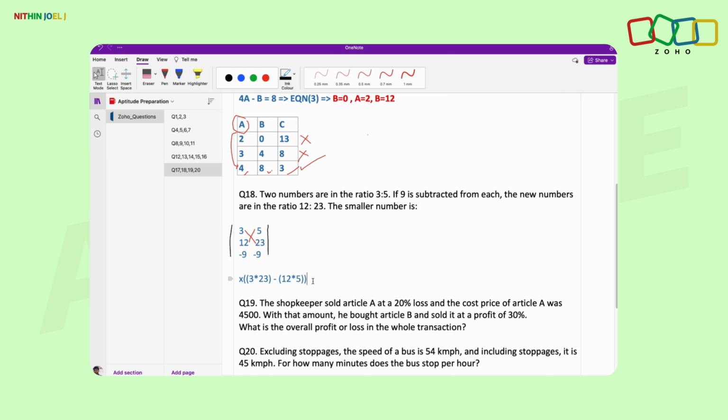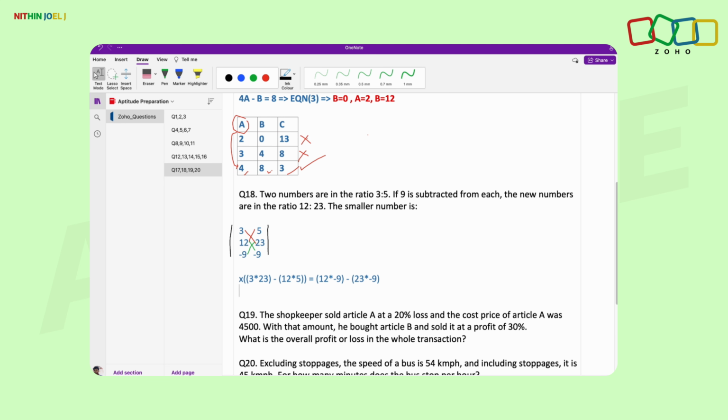Now we have to equate this to the cross multiplication of these two numbers, which is 12 and minus 9 and 23 and minus 9. So we will get 12 into minus 9 minus 23 into minus 9. If we solve this and get the x value, and multiply that x with 3 and 5, we will get our answer.